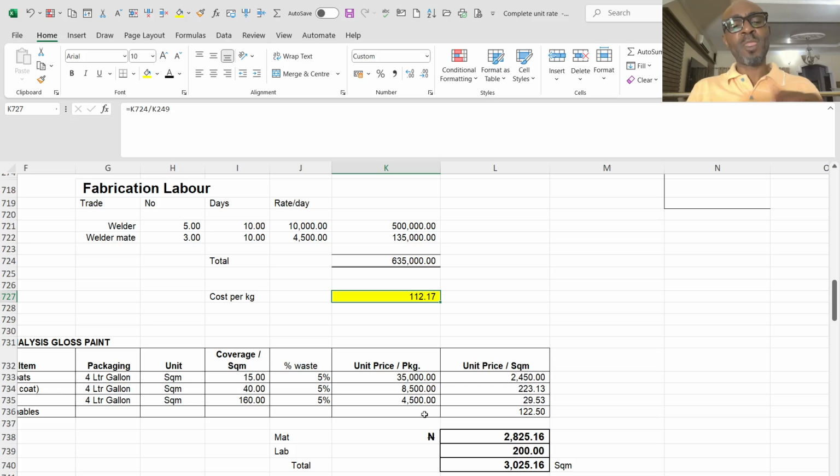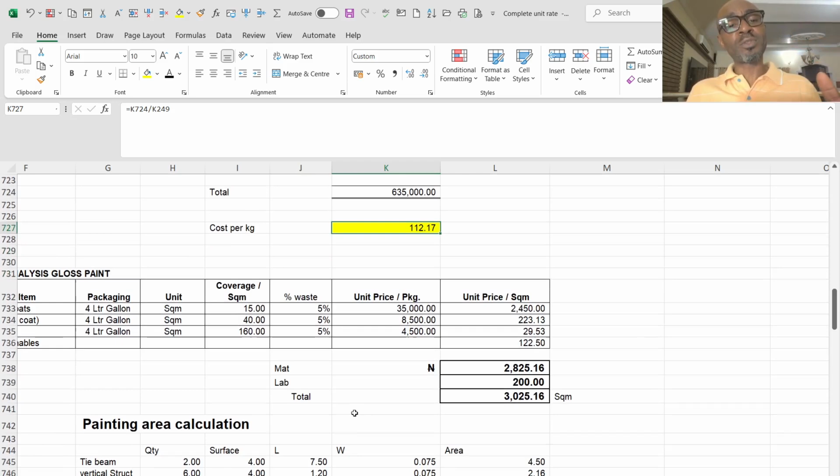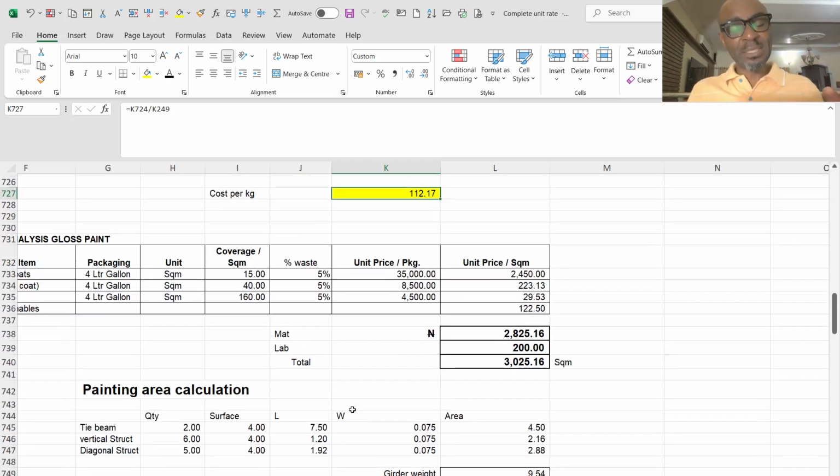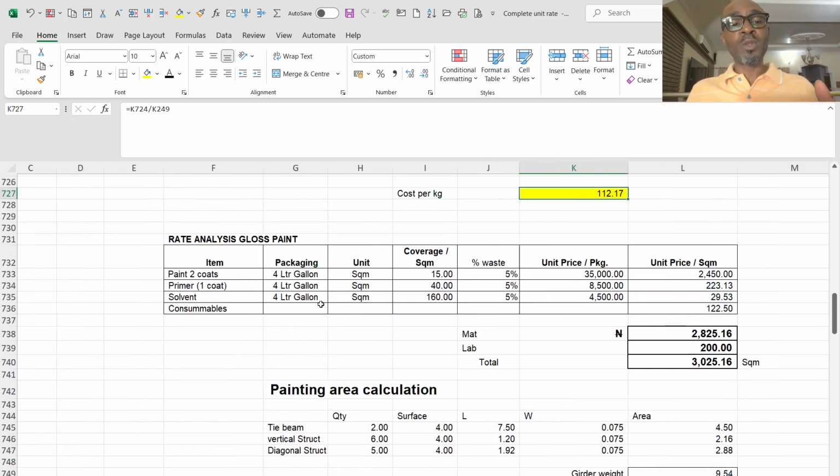So now we want to analyze our paint and the cost of painting. The first thing I did is to build up the unit rate for gloss paint.